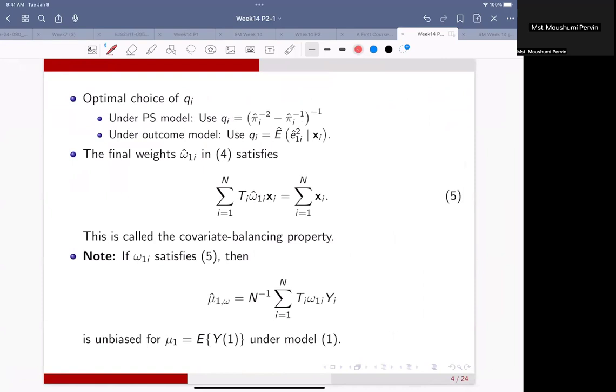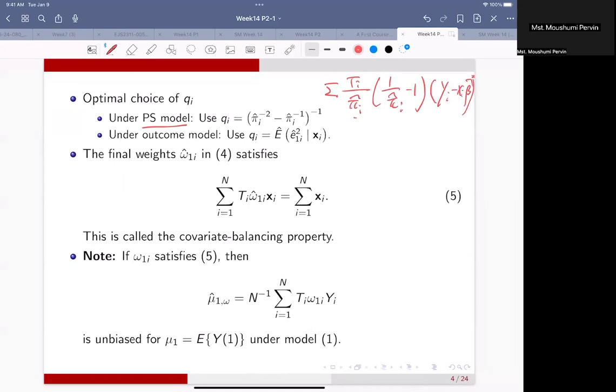If you are using a PS model, then this optimal weight is minimizing something like the squared (1 minus pi i hat) over pi i hat minus 1. That was what we covered last class.